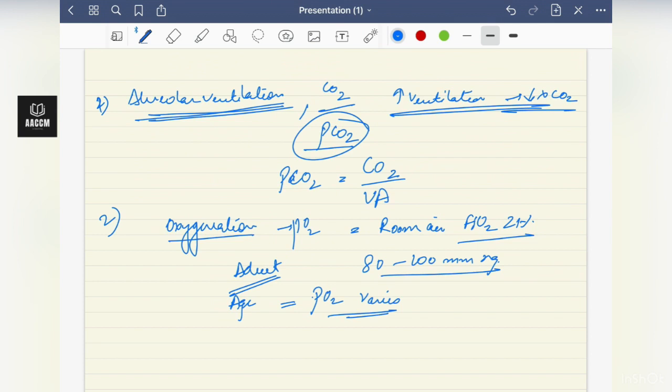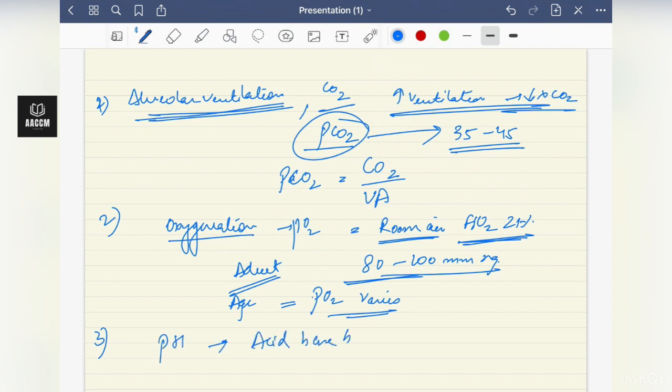In-depth analysis we will deal with in a later class, but you have to remember that at FiO2 of 21% at room air, the normal PO2 is 80 to 100. The normal PCO2 should be 35 to 45. The third is the pH, that is the acid base balance.